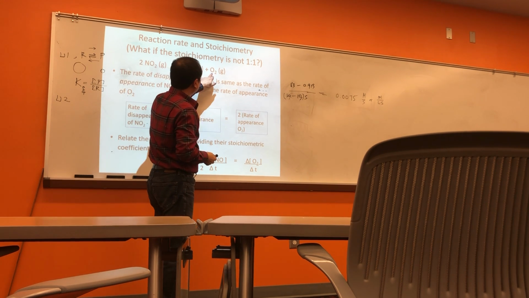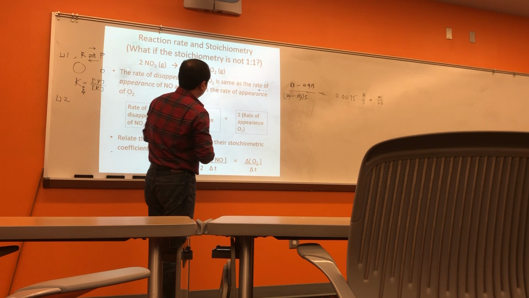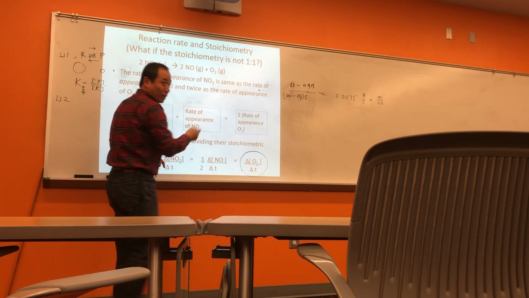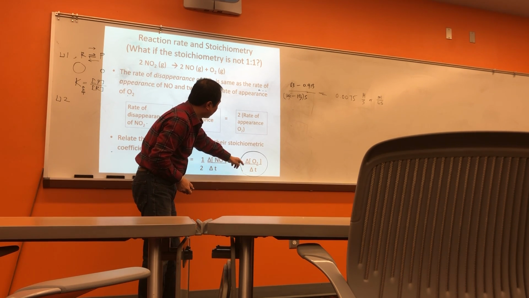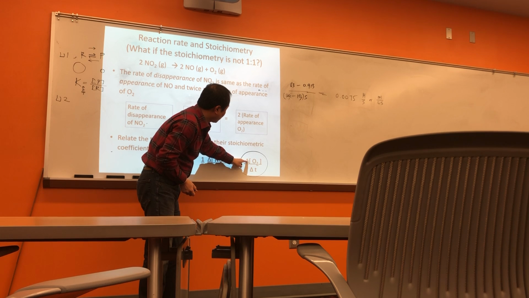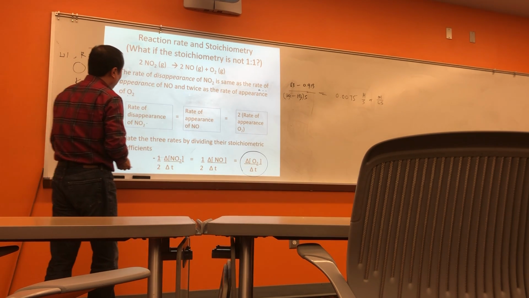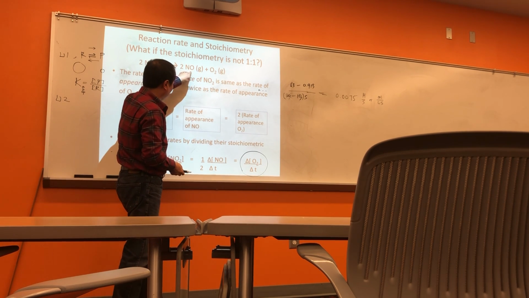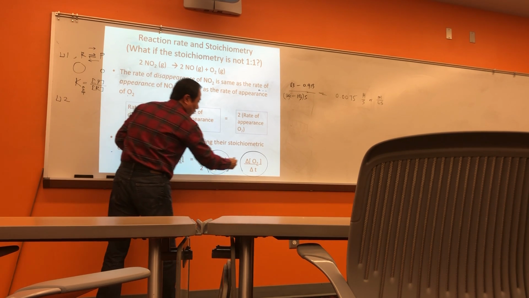Let's say you monitor oxygen. That's one of the products, so this will be your reaction rate. Product, so you get the positive sign, constantly increasing over time. But someone else followed this one instead of oxygen. Now this number will be different from that one.